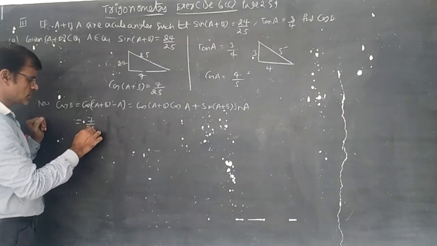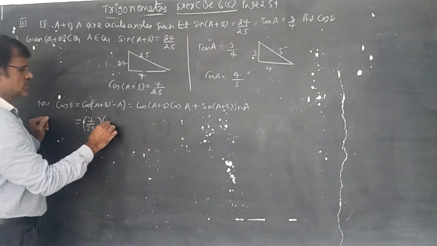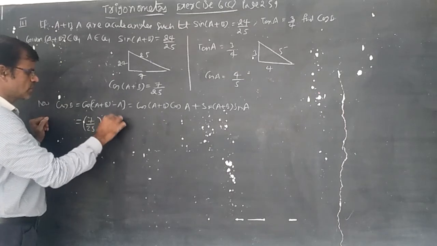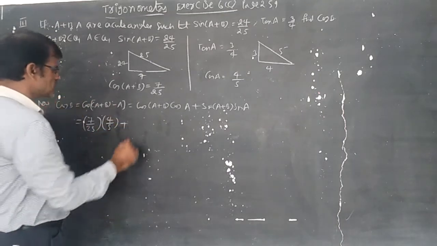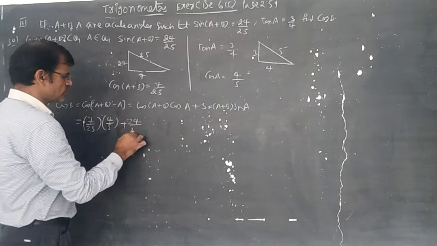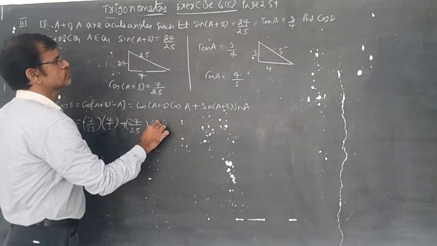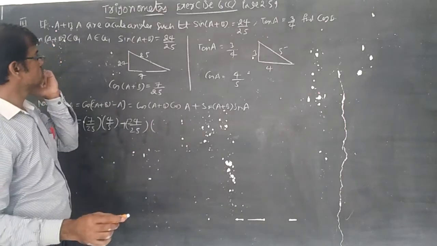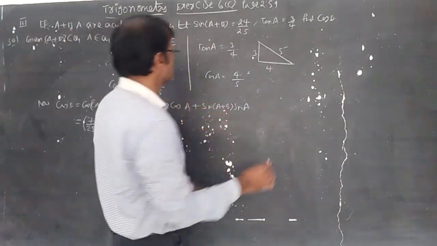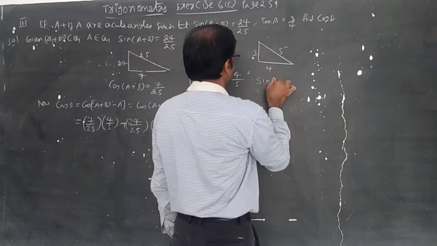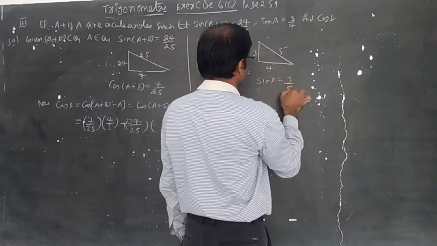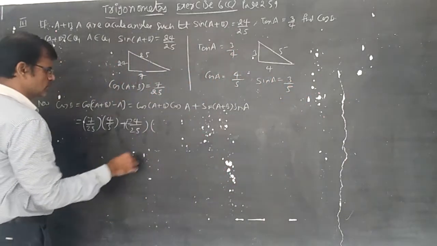It is 7 by 25 into cos A value 4 by 5 plus sin of A plus B value 24 by 25 into sin A value. Sin A also we need to calculate. Sin A means 3 by 5.